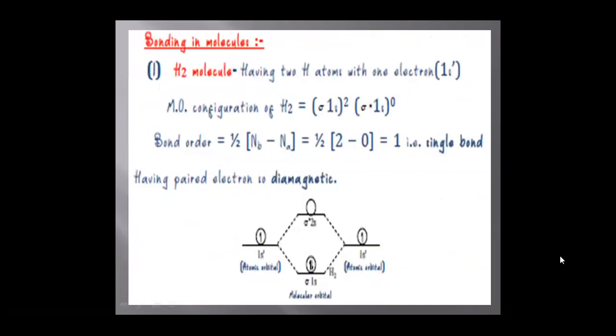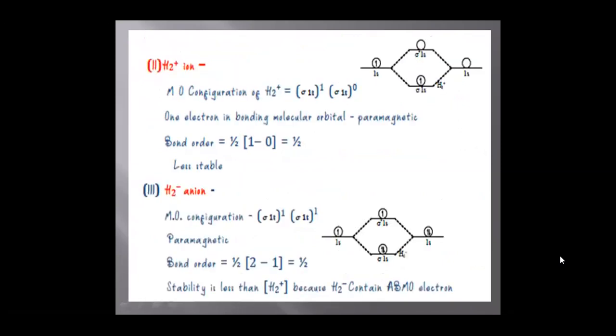Bonding in the hydrogen molecule: the bond order is 1 and it is diamagnetic since there are no unpaired electrons. All the electrons are paired.